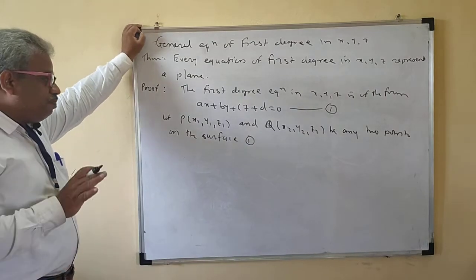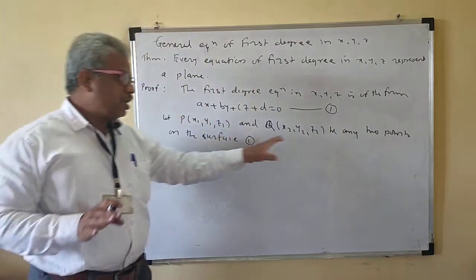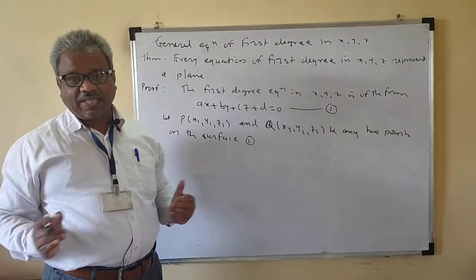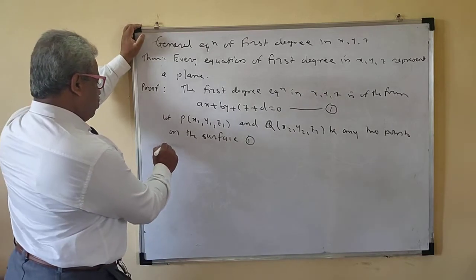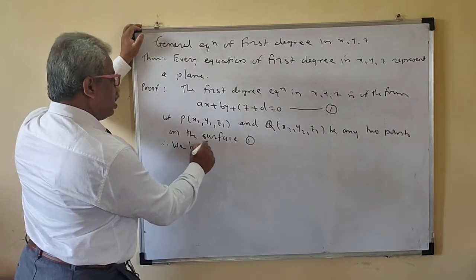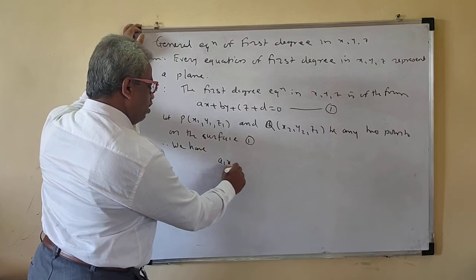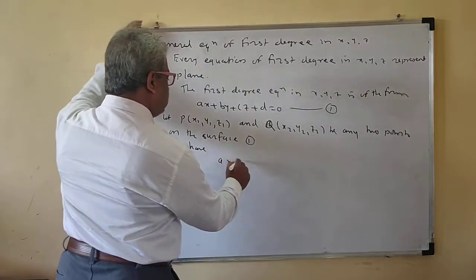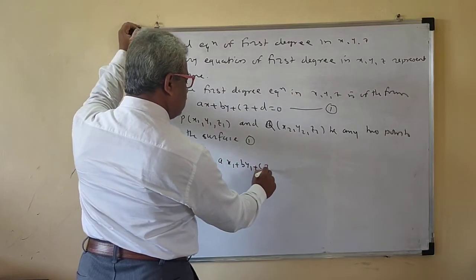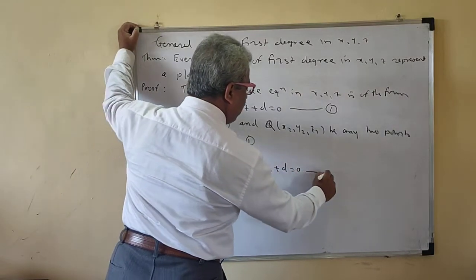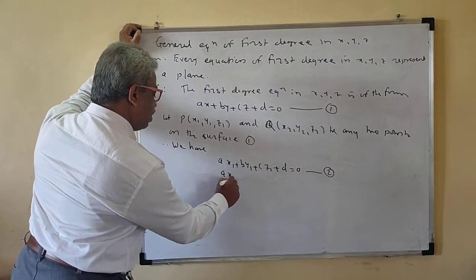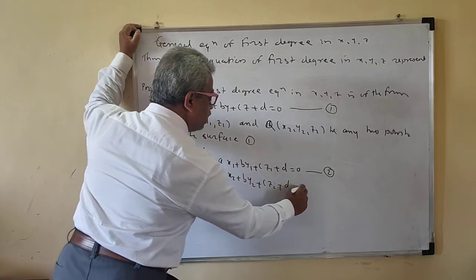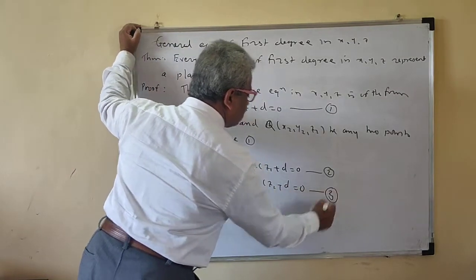Since they are points on the surface, they satisfy the equation of the surface. Therefore we have ax1 plus by1 plus cz1 plus d is equal to 0, call this 2, and ax2 plus by2 plus cz2 plus d is equal to 0, this is 3.